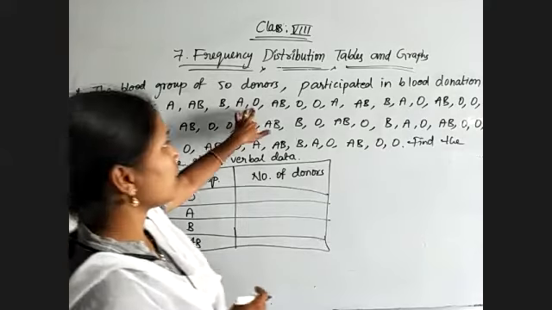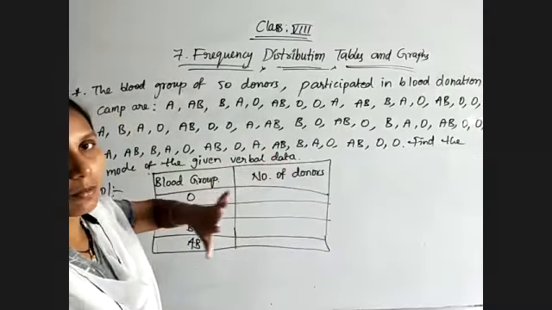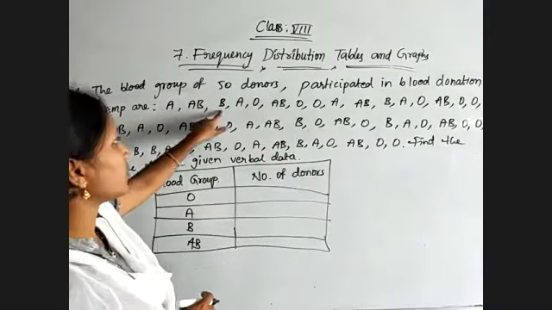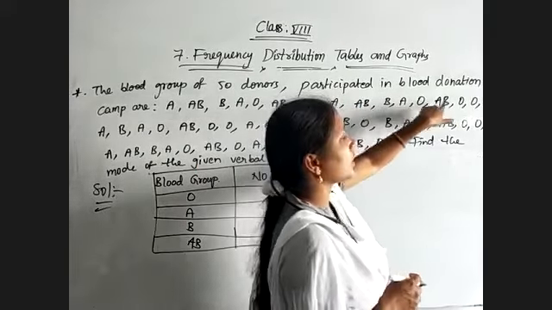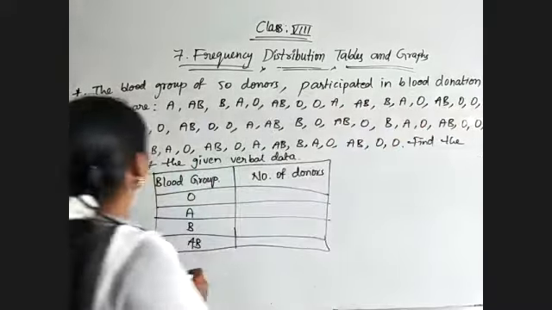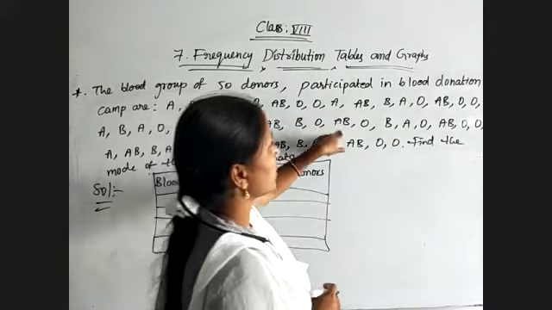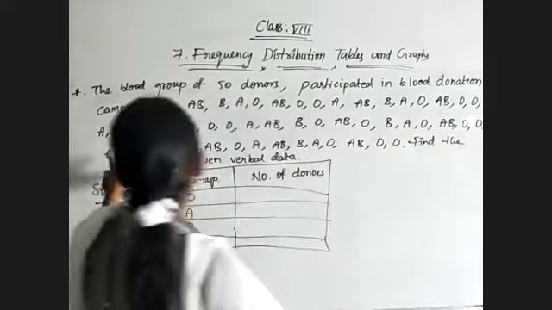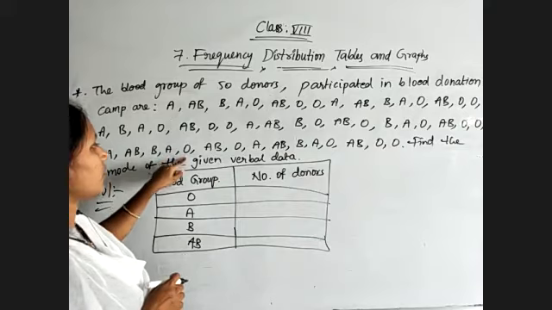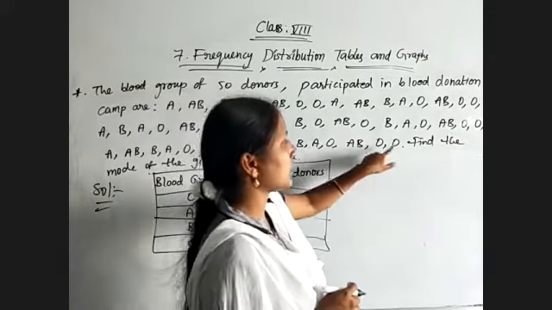First of all, we will check whether we wrote 50 blood groups or not. One, two, three, up to fifty.